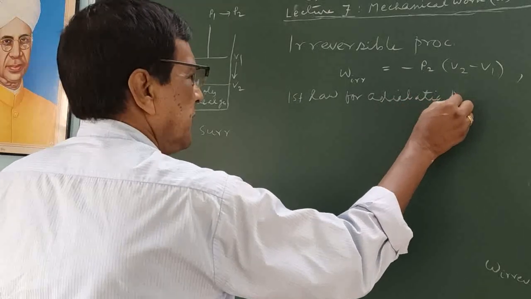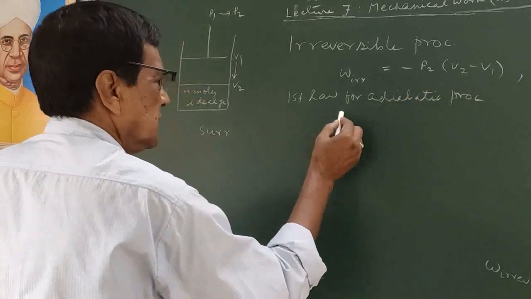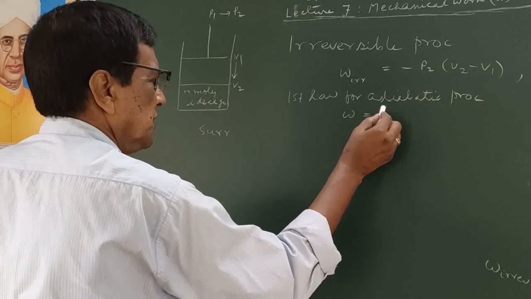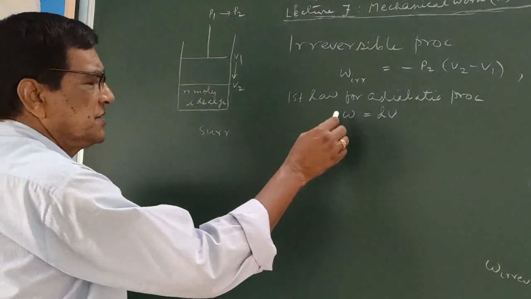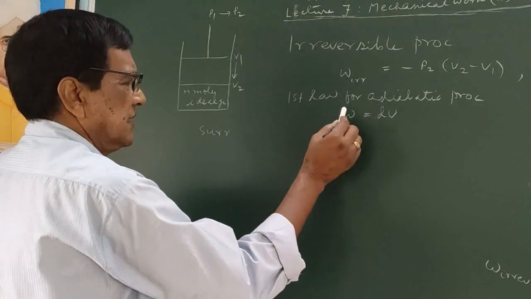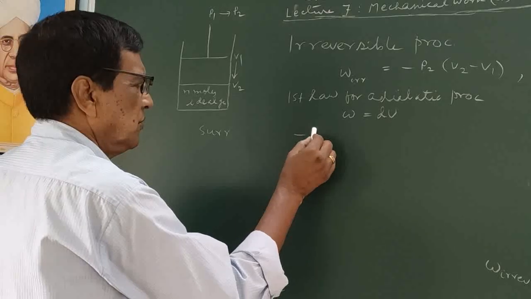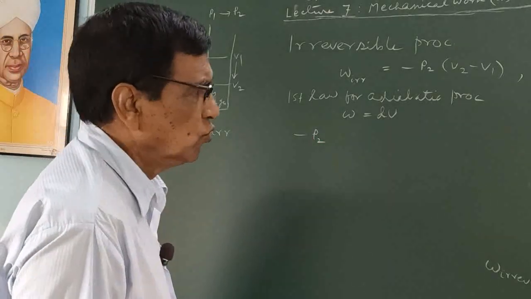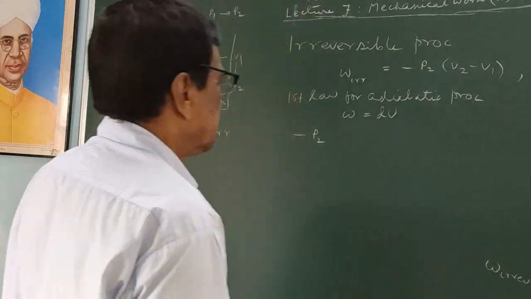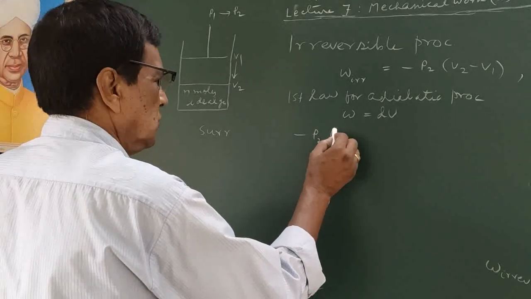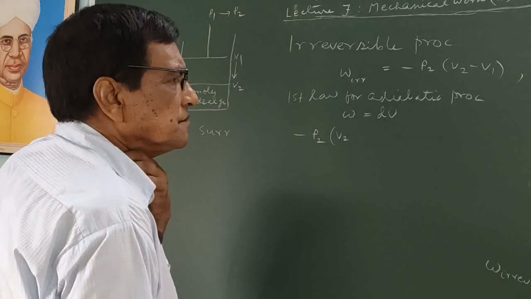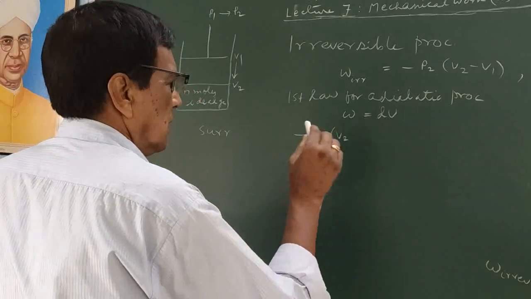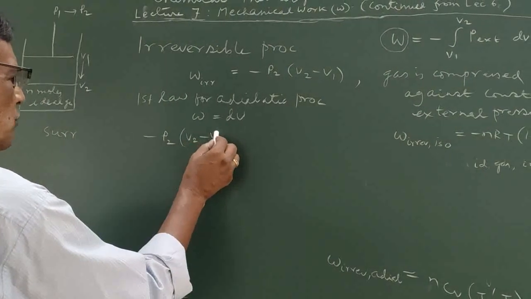For an adiabatic process, W equals dU. For this irreversible process, W will be equal to minus P2 into (V2 minus V1).